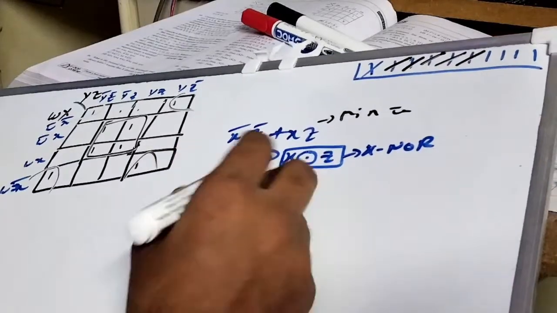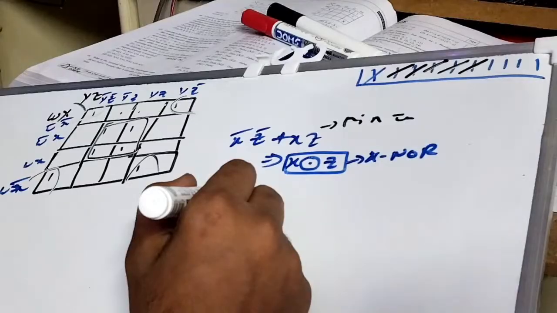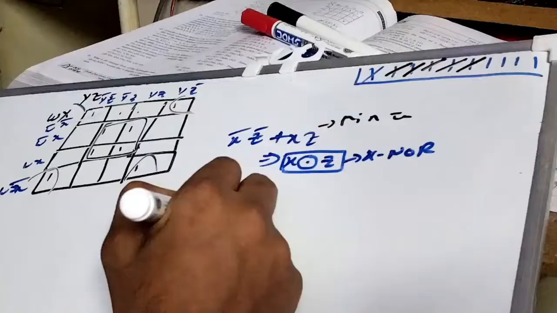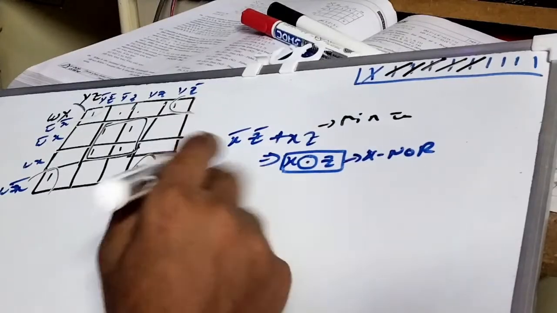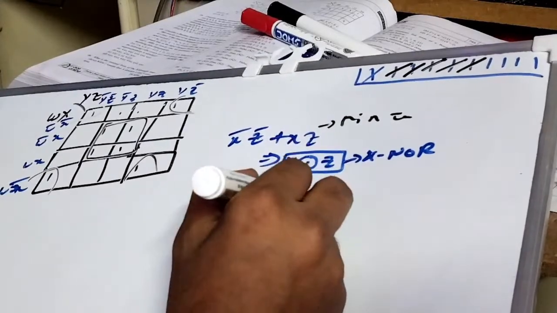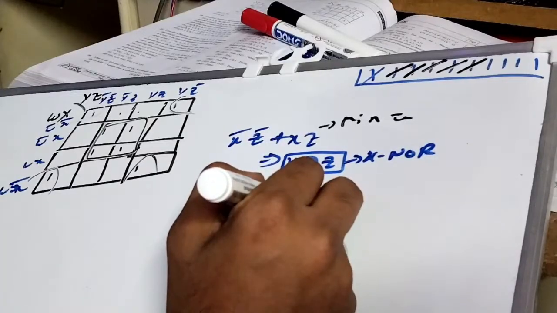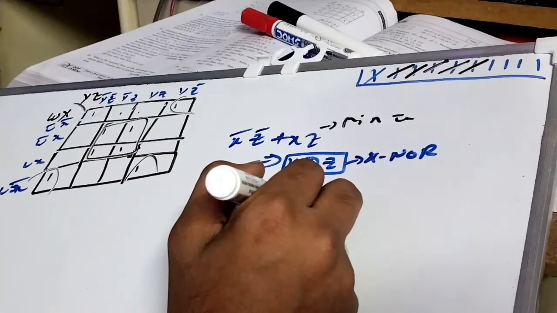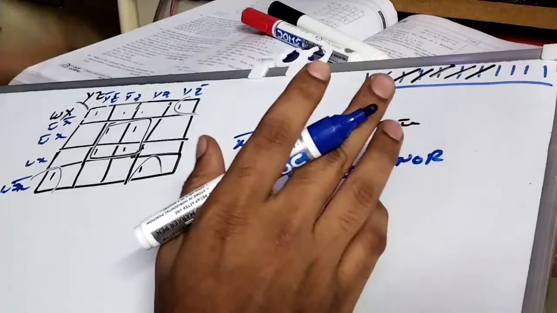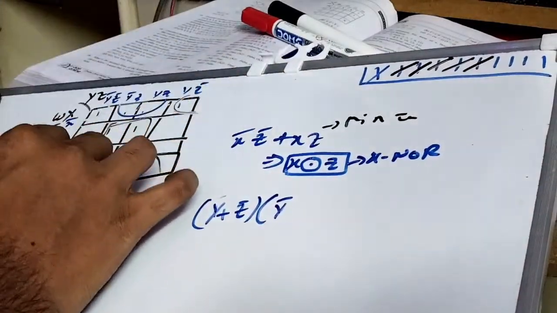Okay, it will become, we take common. It consists of these two, right?